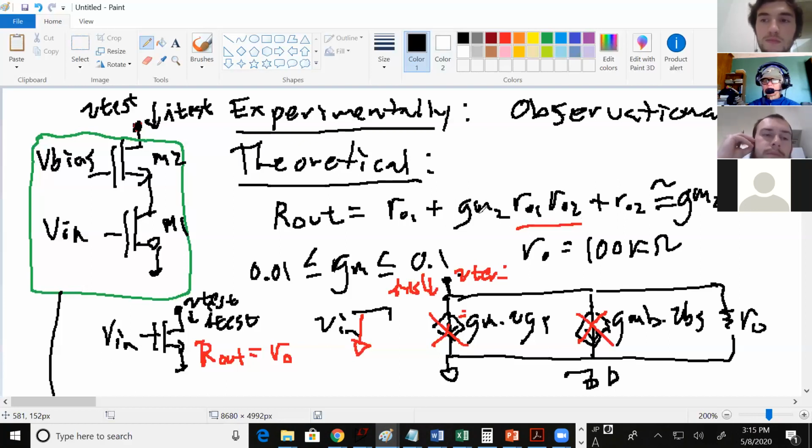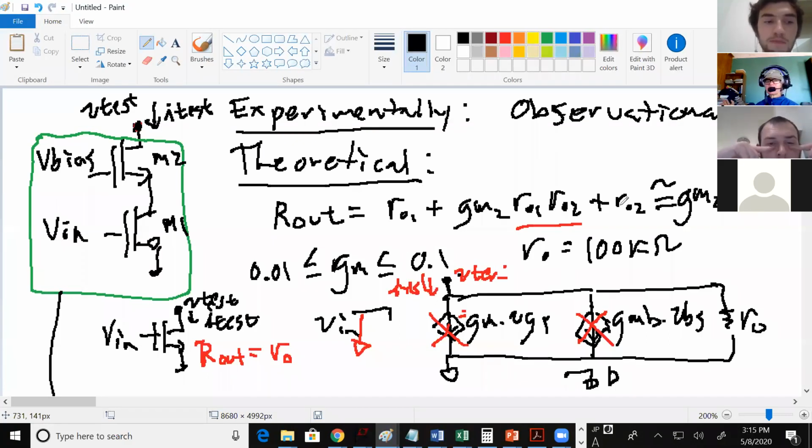I think these subscripts are okay. So we got an equation something like this. And at the very end, I rushed a little bit and said, if you assume r_o is like 100K, and then you assumed g_m was maybe 1/100th to 1/10th, somewhere in that range. They can go smaller or they can go bigger, but let's say in general, g_m is between those 2 values, then which of these 3 terms is going to be the biggest?